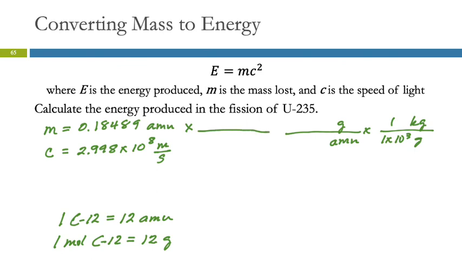So the mass of uranium times that conversion. So we could do it this way. 1 carbon-12 atom is exactly 12 atomic mass units. I'm sure there's a more elegant way, but this is all my brain's capable of. And a mole, 6.022 times 10 to the 23rd carbon-12 atoms would weigh 12 grams.